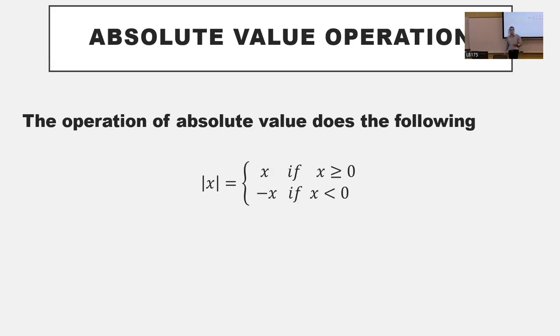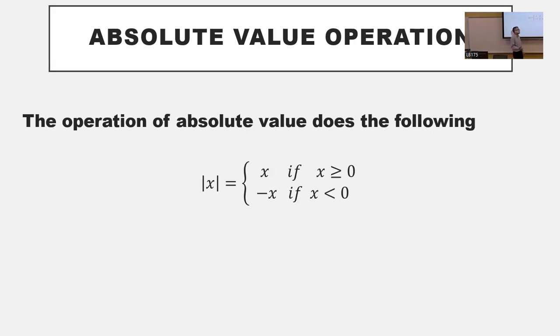On the other hand, if I plug in a negative number, the absolute value gives me the opposite of that negative number. So if I plug in a -2, I get back a +2. If I plug in a -8, I get back a +8.